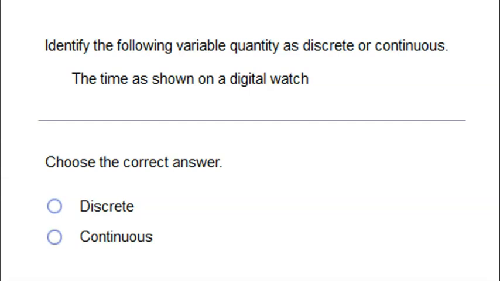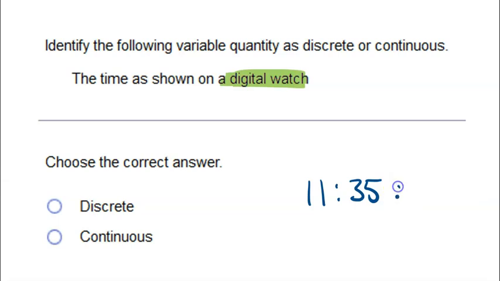Identify the following variable quantity as discrete or continuous. We have another one of those. The time shown on a digital, hey, this is important, on a digital watch. Okay, so on a digital watch, it might be 11:35. Okay, you don't get within a range.